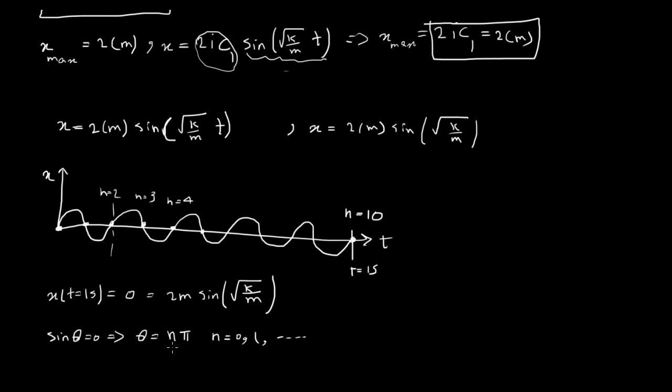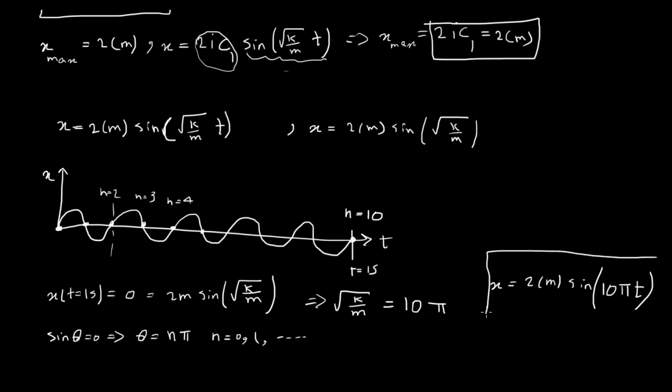So n is 10 at this time equal 1. So therefore the square root of k over m is equal to n pi, with n being 10. 10 pi. So now I can write the final equation: x equals 2 meters sine of 10 pi t. And that's it.